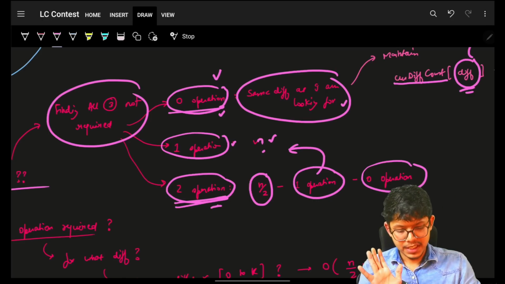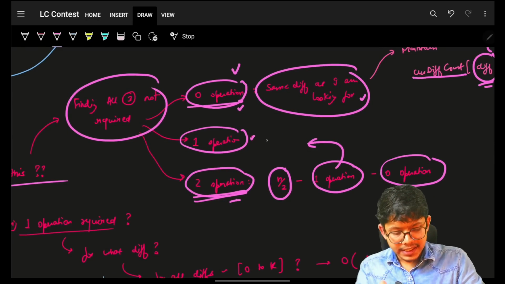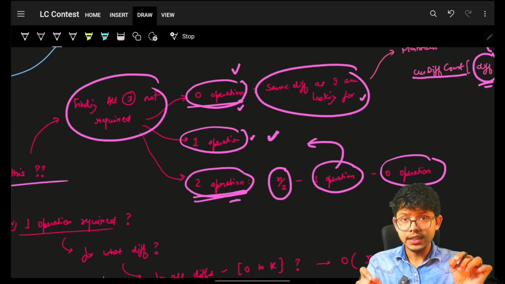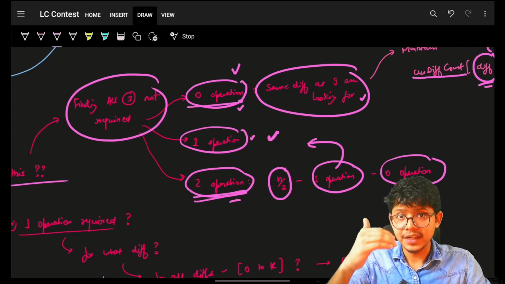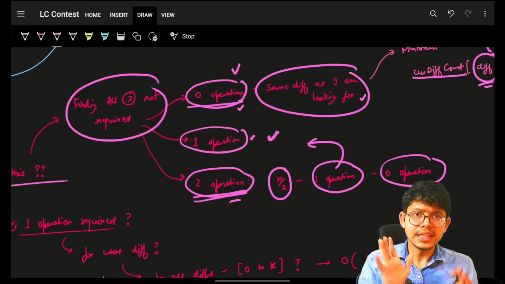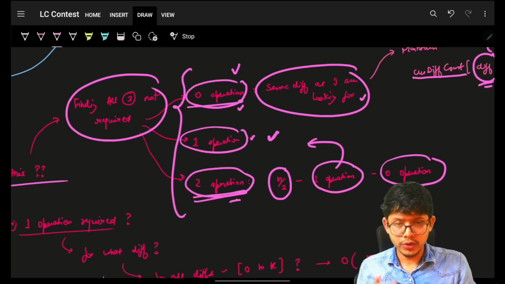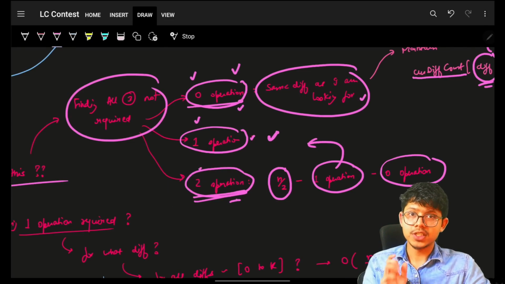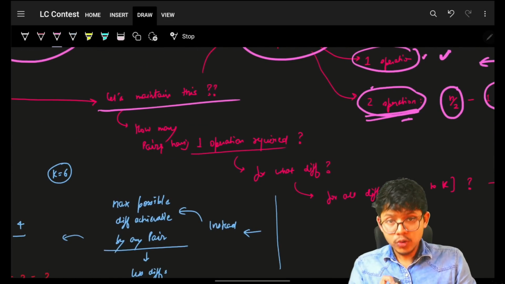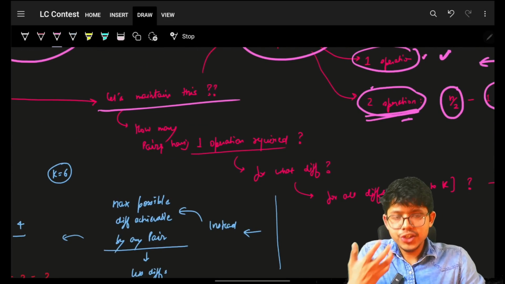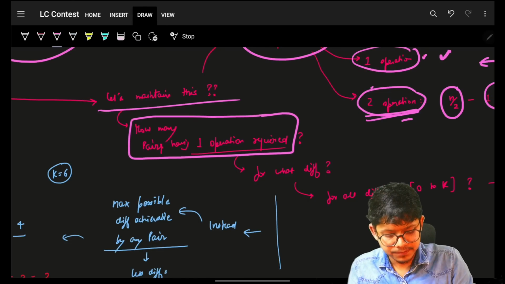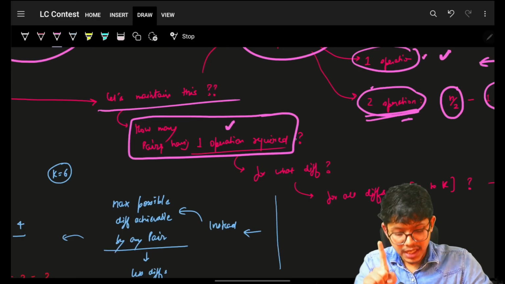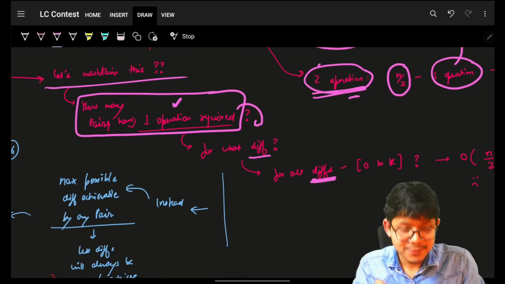So my task now is, if I can find how many such pairs need only one operation to achieve that specific diff, then I'm good, and I will be able to get all the possible counts: 0 operation how much, 1 operation how much, 2 operations how much. But now your task, or your maqsad, changed to how many pairs require one operation, such that by doing one operation I will be able to achieve that specific diff.